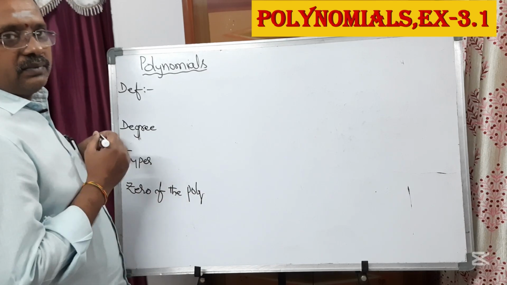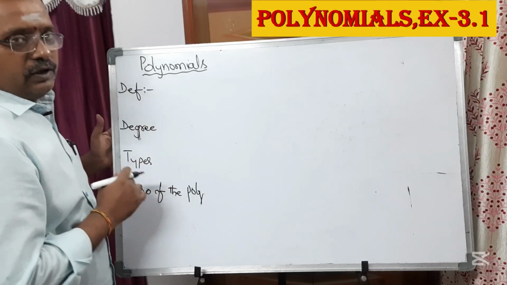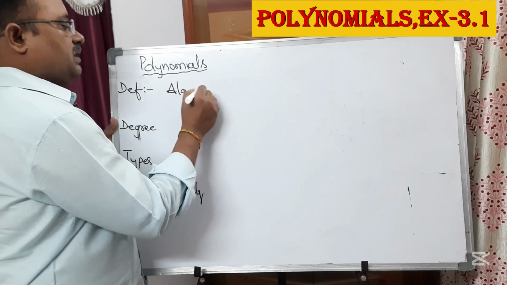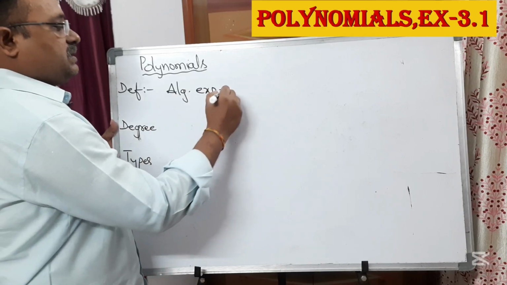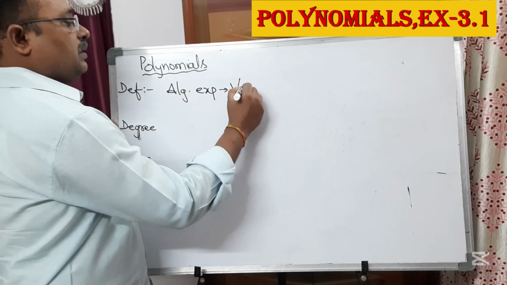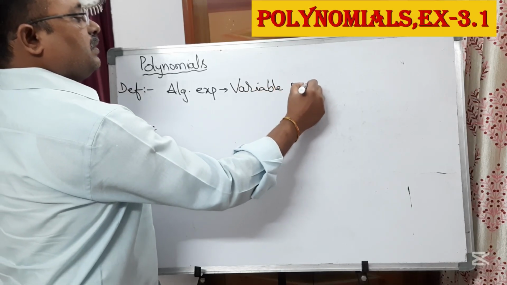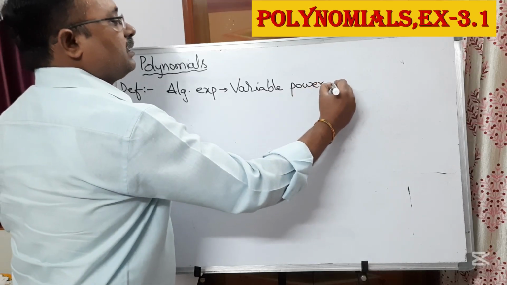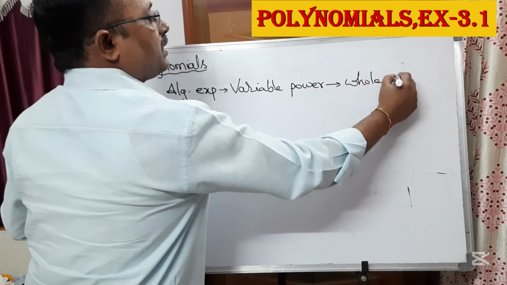Among them, the first one is the definition of polynomial. What is meant by polynomial? An algebraic expression in which the variable power is a whole number.